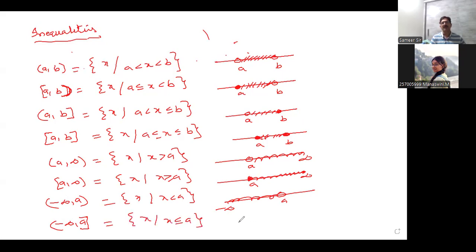A is closed, a is included. This is a little information about intervals. And minus infinity to infinity, when you take this, it will be like this.